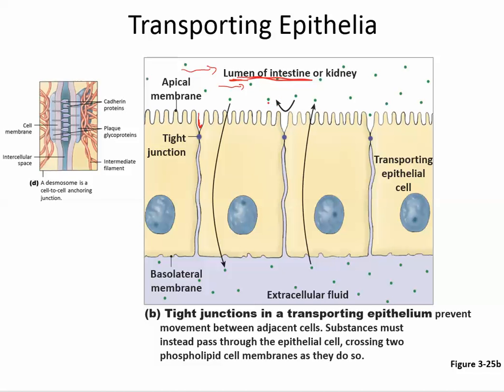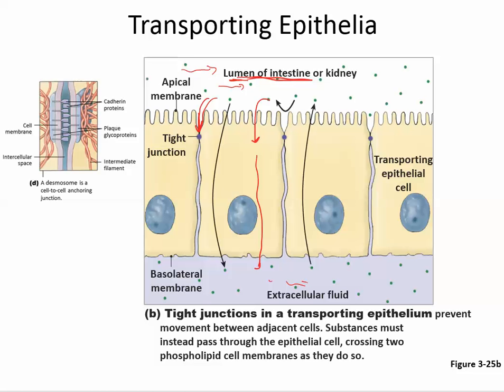Well, we want to make sure that it goes correctly and that it actually goes through the membrane, moves across the cell, and then is put in here. We don't want it to cheat and just start flowing through there. That would be bad because you could get a lot of toxic things or things that haven't been broken down properly, and that would be a bad thing. Okay, so we have these tight junctions that join them together.